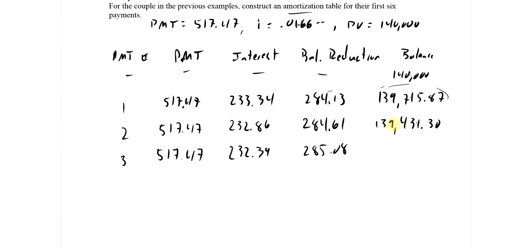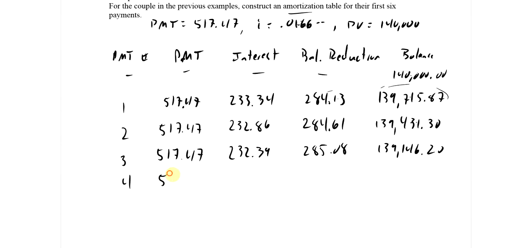And so then we're down to 139,146.20. Great. So note that they've made 3 payments of 500 and some, and they've managed to pay off about $1,000. Right? 140,000 down to 139,000. And that's 146. There we go.